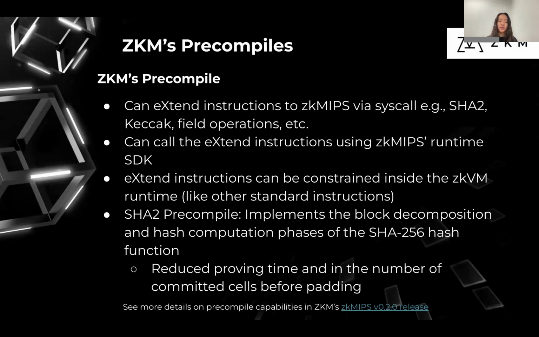So it accelerates just the SHA-256 hash function that's being used in whichever program you are implementing. And so these are just the main developments that we recently had at ZKM, which you can start incorporating for any other new types of programs that you are trying to prove.